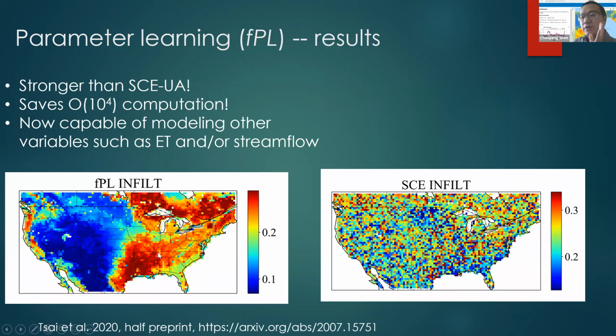And we get everything to be better. How is it better? The parameters that we get out of this are more spatially coherent. This is one of the parameters that we output from this DPL algorithm. It agrees with the aridity, which is what you expect for this parameter for the VIC model. But if you look at the traditional calibration, you see different parameters everywhere. This is the famous problem of equifinality. You can take different paths in the parameter space, and other parameters can compensate for it.